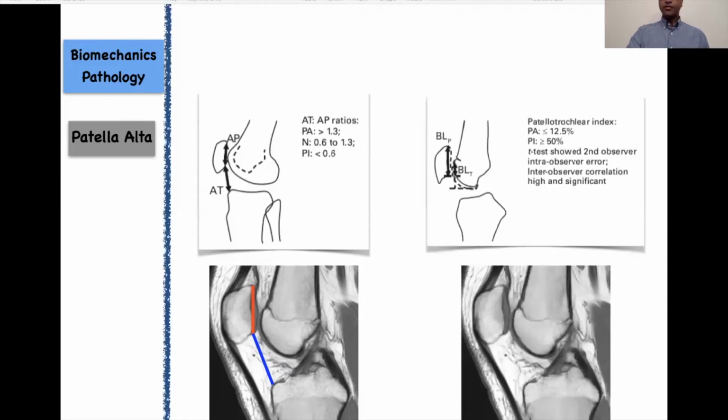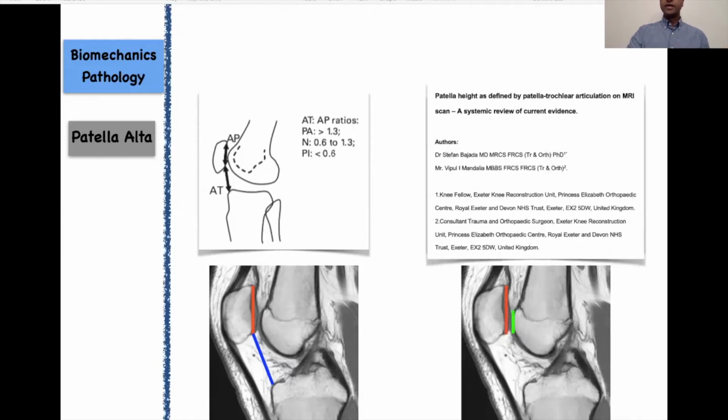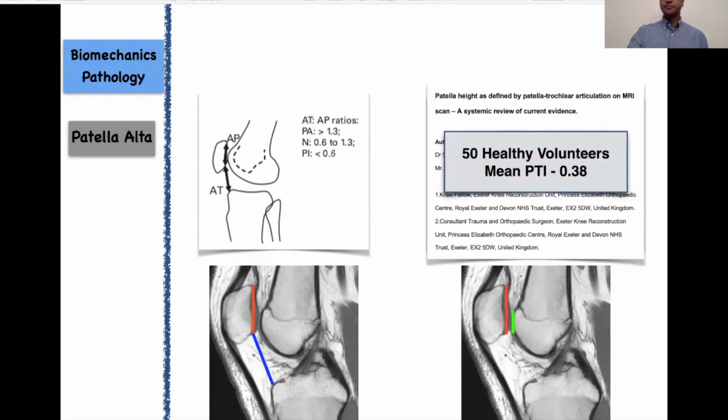But I think the one that is most relevant, and it is actually reflecting the patellofemoral or patellotrochlear joint, is the patellotrochlear index. And that is the overlap of the patellar articular surface and trochlear articular surface. And we published this systematic review about patellotrochlear index and articulation, and our own study suggested that the mean PTI value is somewhere between 0.3 to 0.38.